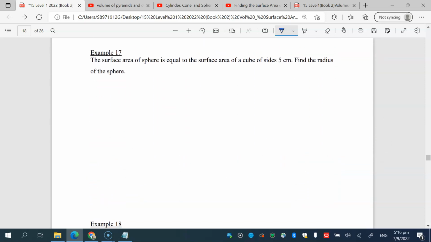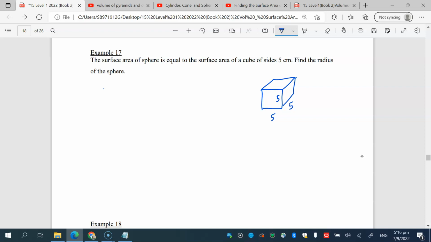The surface area of a sphere is equal to the surface area of a cube of sides 5 cm. Find the radius of the sphere. So if you have a cube of sides 5 cm, that means 5, 5, 5, right? What is the total surface area of the cube?